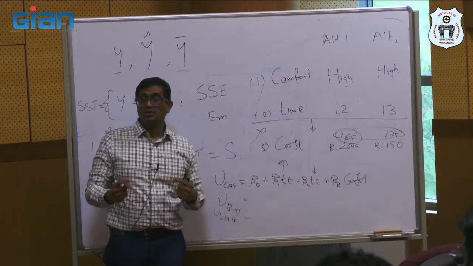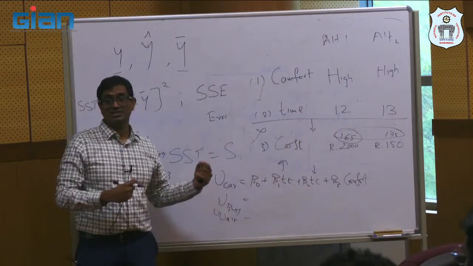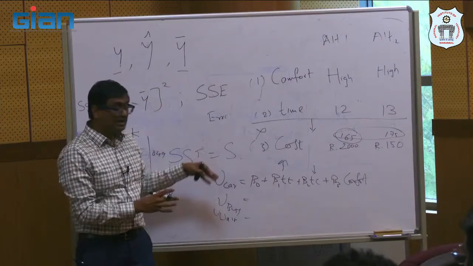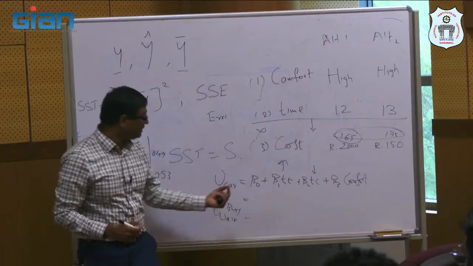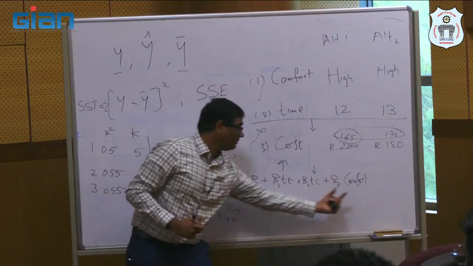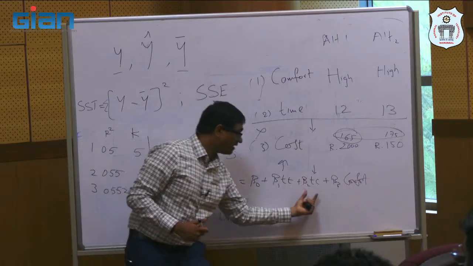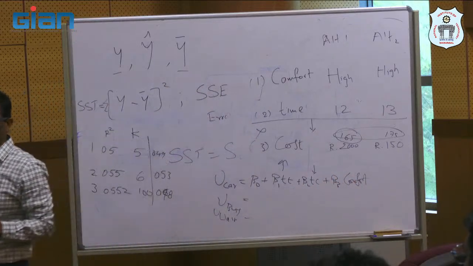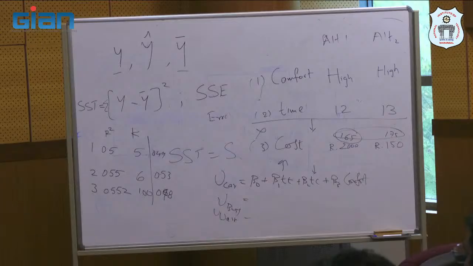So this interaction was not possible in any of the decision rules we talked about. So now suddenly we can start interacting between how people value travel time versus comfort, how people value travel cost versus comfort. So it naturally brings interaction between the different attributes so we can measure trade-offs.